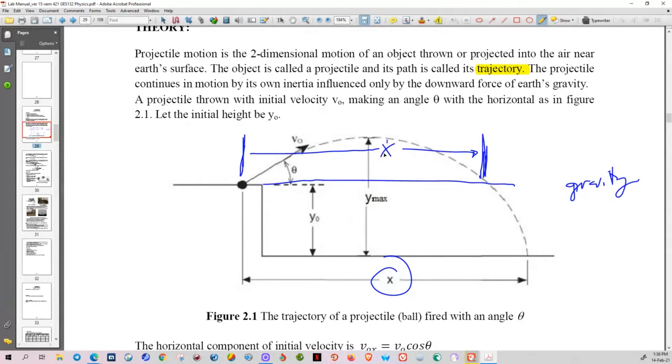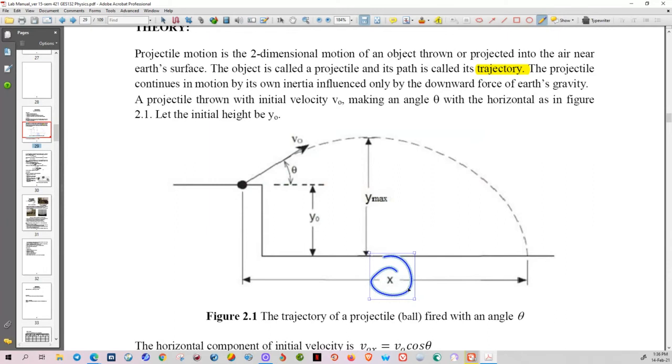Now, there is one thing which you need to understand from projectile motion. And why is that? Again, we said that projectile motion is motion in 2 dimensions. Those 2 dimensions are, of course, the x and the y dimensions. The x dimension, if you remember our objects in equilibrium, is this one.